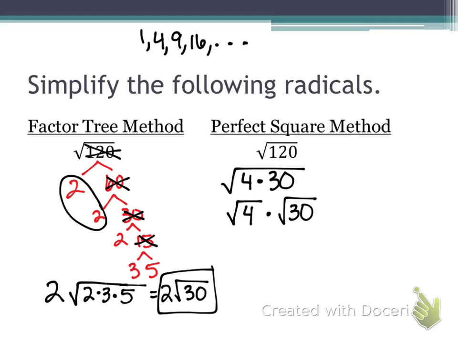Heard a couple people say it, 2. So this becomes 2 times the square root of 30. You can put the multiplication dot in there if you want to, but you don't have to. And you'll see that we got the same answer either way. I think that the perfect square method can be quicker, but you have to really be confident in knowing your perfect square numbers and figuring out which one divides into your number under the radical.